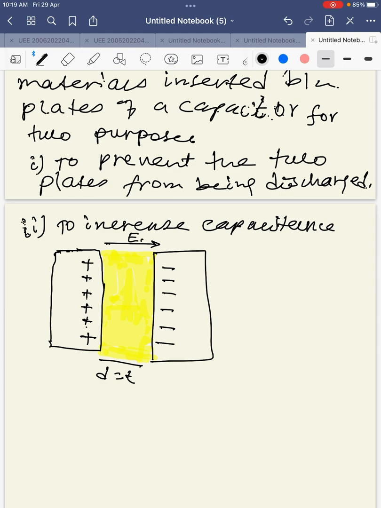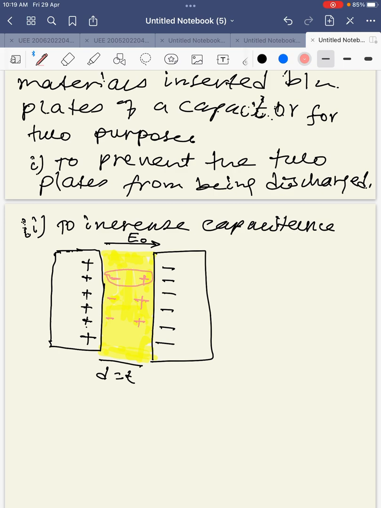Without dielectric, E naught, and when the dielectric is inserted, its charges will be polarized. The charges of the dielectric will be polarized like this. The negative will be on this side, and the positive will be on this side. Clear?